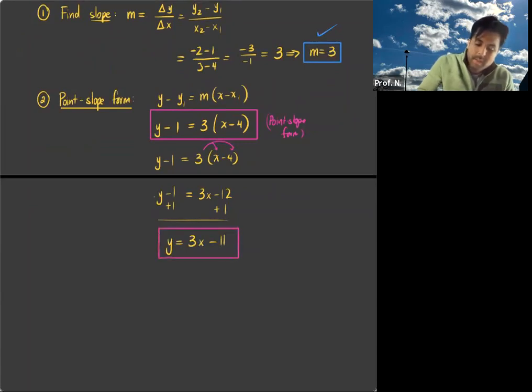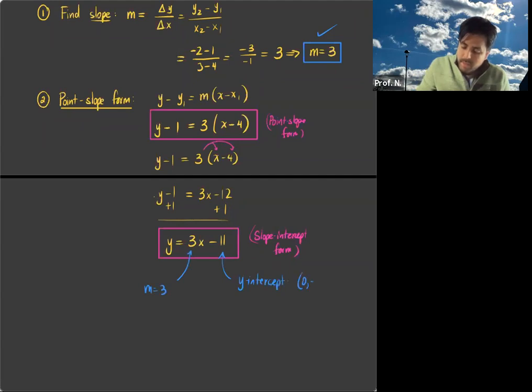And now I have this in slope intercept form. And with the slope intercept form, what can I learn? I can learn that the slope is 3. Well, I already knew that. And I can find that the y-intercept of this line is 0, -11.